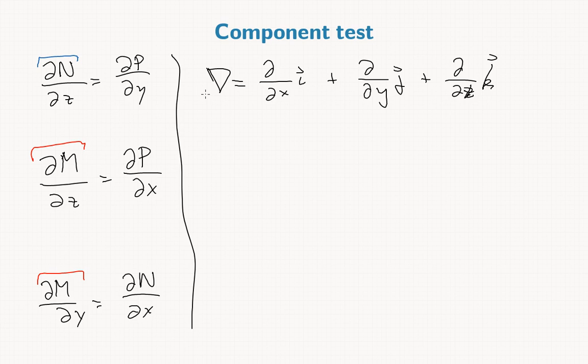If I had a function f, then this would be our definition of the gradient of f, which is sort of why we're doing this, but I'm going to write this without any f attached to it.